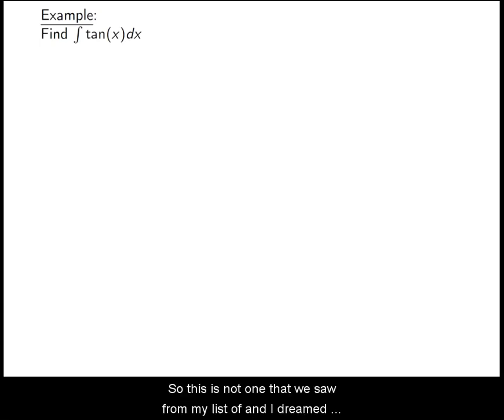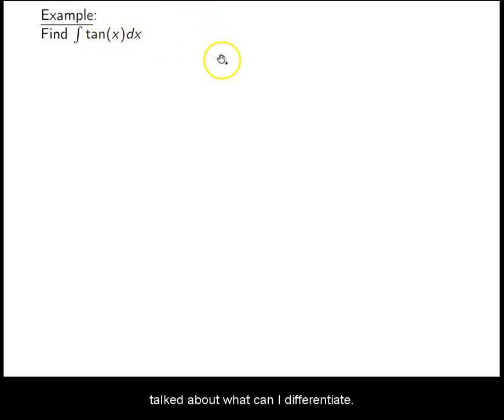So let's do a couple more examples. Let's find the integral of tangent of x. So this is not one that we saw from our list of antiderivatives. I did not see tangent anywhere as far as trying to find its antiderivative, right? Because we've never talked about what I can differentiate to get tangent.